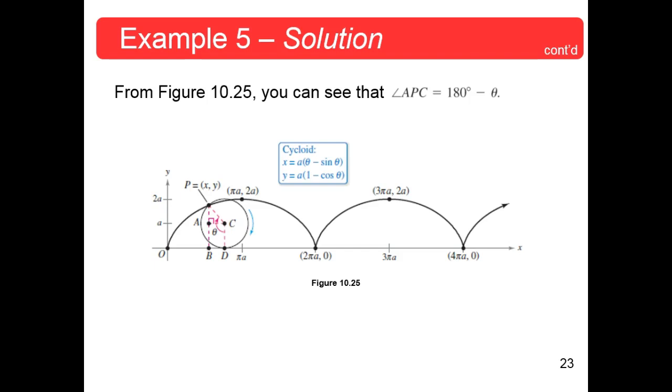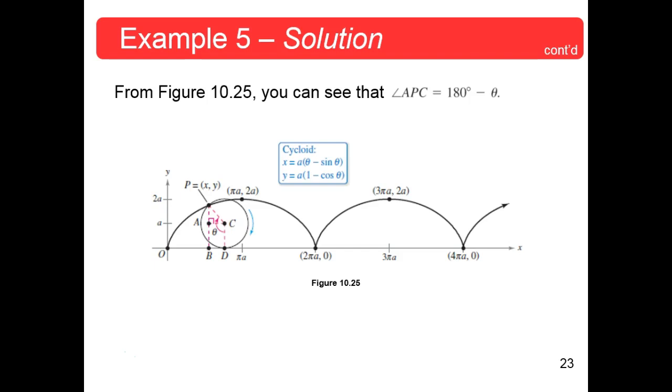Okay, from this figure, I love it when they say this, from this figure, you can see that this angle is true. Here's the angle APC. This angle right here is a supplementary angle to this angle right here, and that's your angle theta.